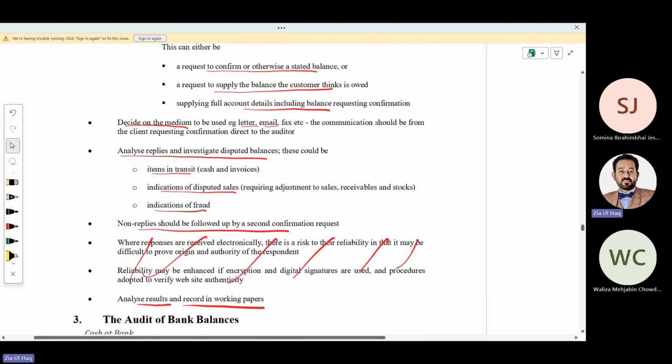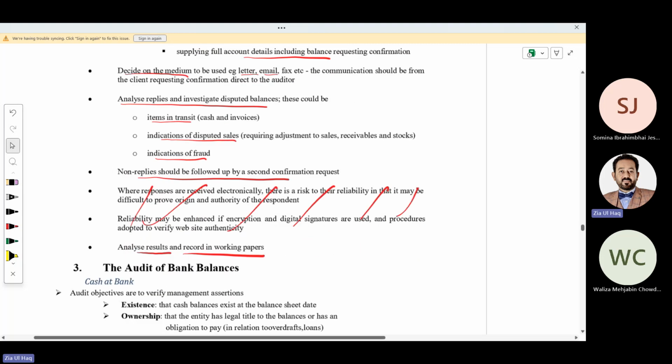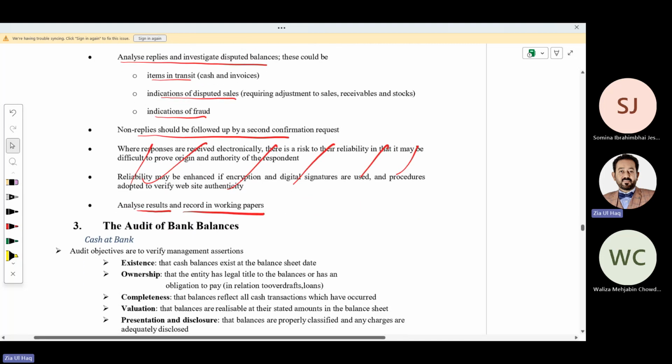And if a reply does not agree with the balance, we need to consider either an item in transit, a disputed sale, or an indication of fraud. If there are no replies, we need to send a second confirmation. And even if on the second confirmation there is no reply, we need to verify through alternative procedures. And we need to analyze the result and record everything in our working paper.